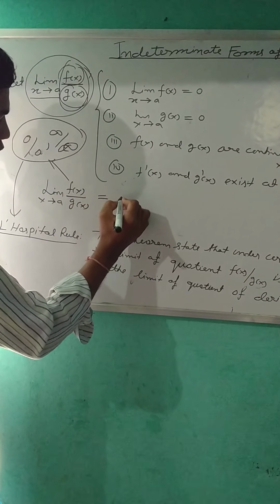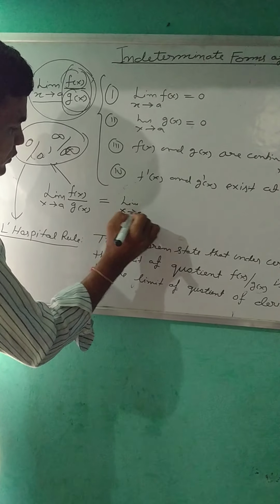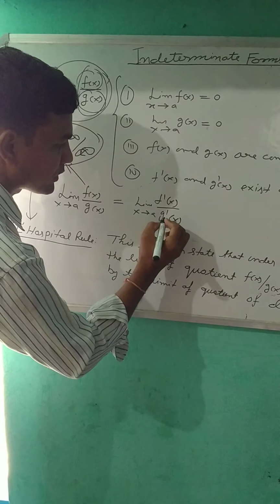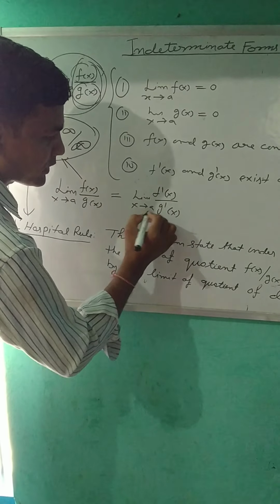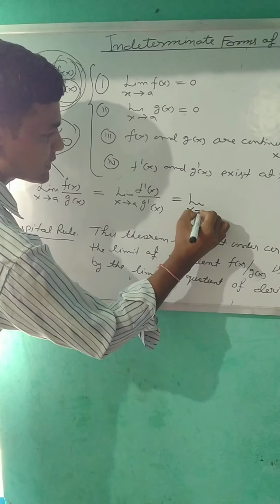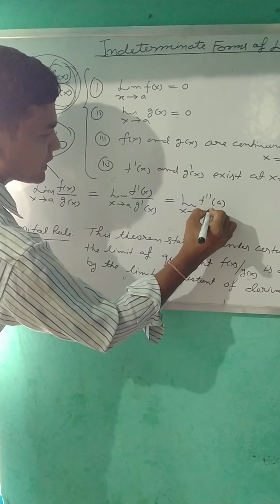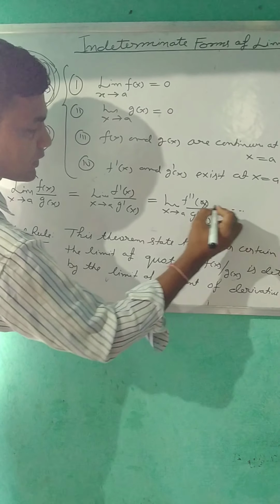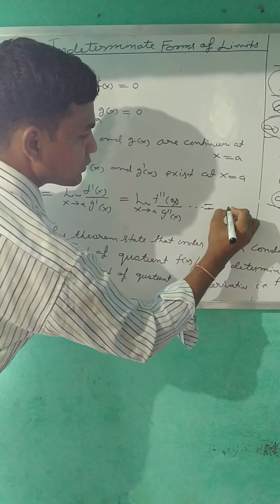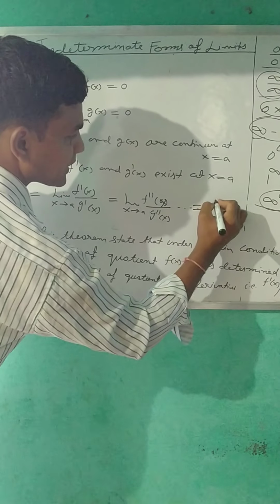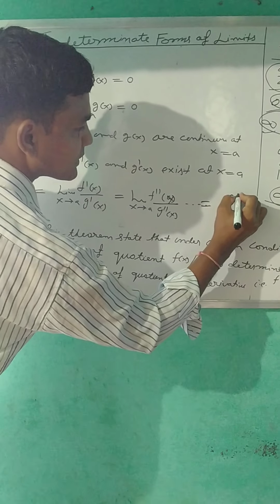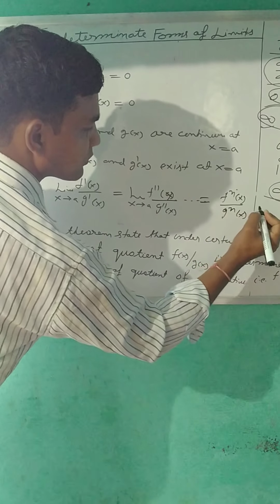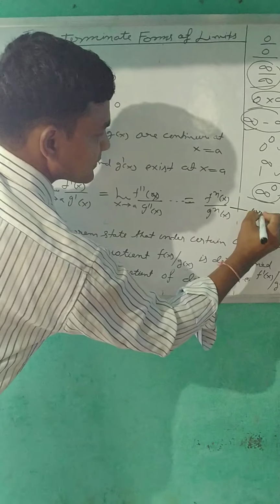Then it is equal to the limit as x tends to a of f'(x) upon g'(x), which is also equal to the limit of f''(x) upon g''(x), and so on, provided the nth derivatives of both f(x) and g(x) exist.